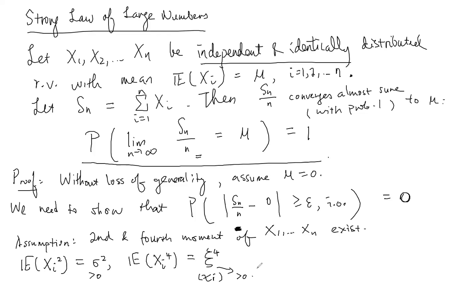Okay, so to get started, we assume these two things. Later, you will see why this fourth moment was assumed, because of the need to use Markov's inequality. So you have to assume this moment. Okay, so we assume that these two moments exist. So now we want to show the following.